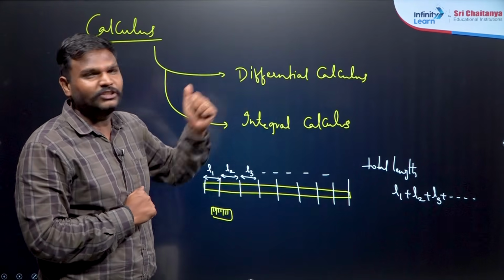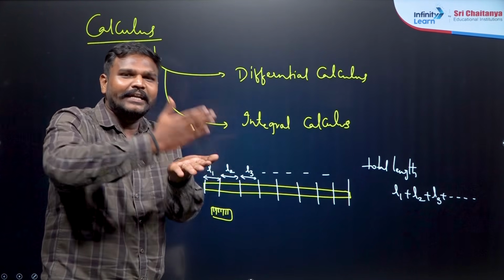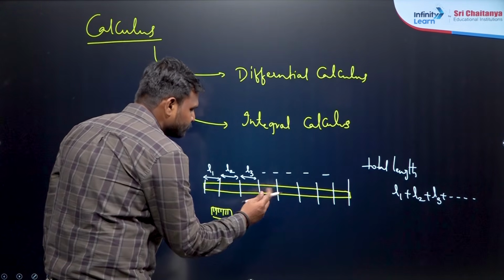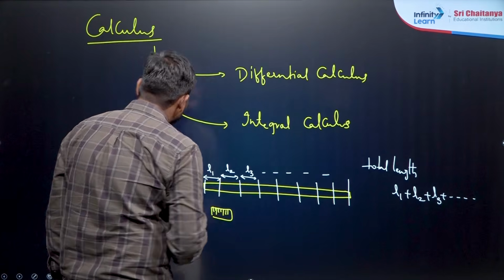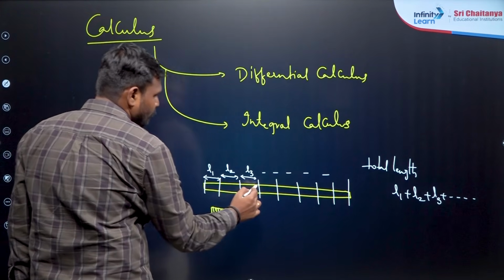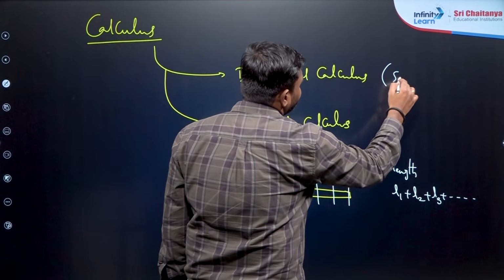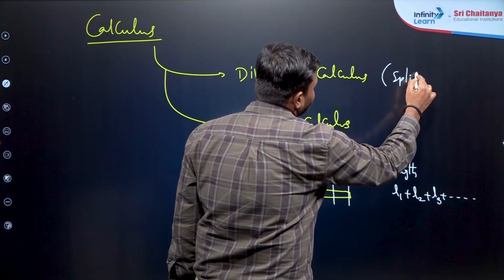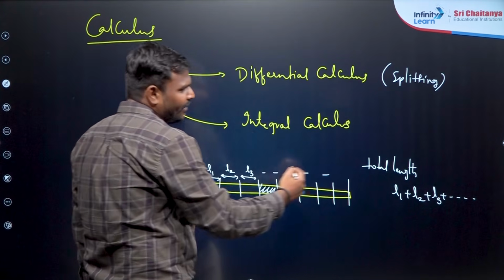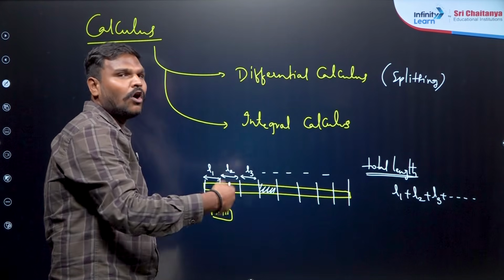First we will do differentiation. What is differentiation? Whatever function you are having, break it into pieces, make the smallest piece possible. So we will split the function into the smallest pieces. Then in the end we add everything, we join all the things.